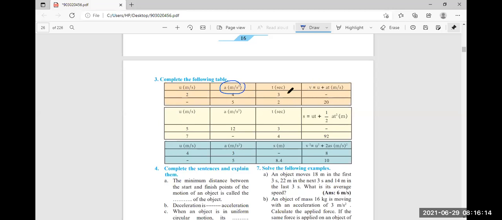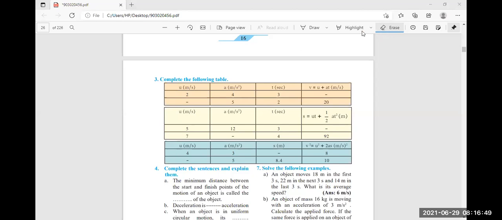Very good. Sonu Nariti, here T. T for time.